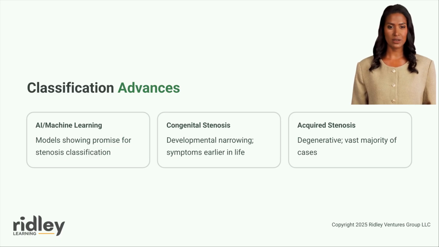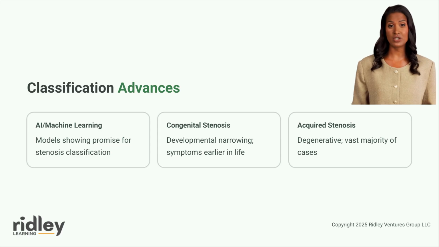Beyond anatomical location, lumbar spinal stenosis can be classified according to etiology. The distinction between congenital or developmental stenosis and acquired or degenerative stenosis has implications for patient age at presentation, symptom progression, and treatment planning. Congenital stenosis results from developmental abnormalities that produce a constitutionally narrow spinal canal.